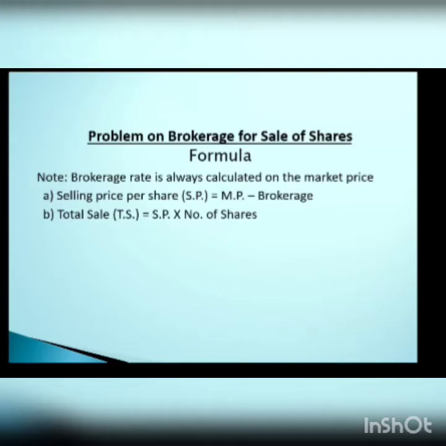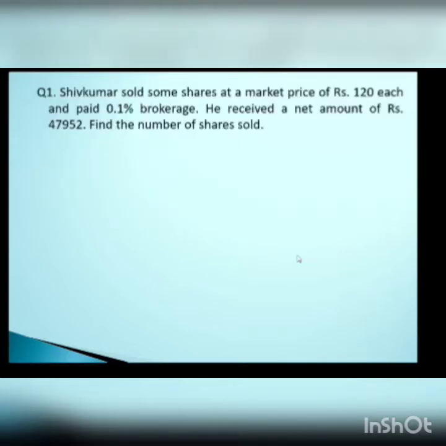All right, you have written both formulas. So let us go with the question and see what the first problem is. Question number one, just take down the question on the screen. Shiv Kumar sold some shares at a market price of rupees 120 each, for which he has paid brokerage of 0.1 percent, and he receives the amount of rupees 47,952 after he sells the shares.